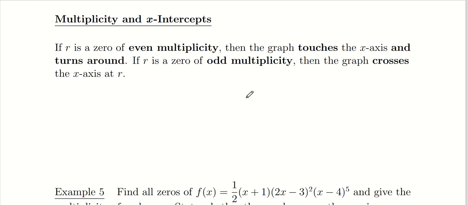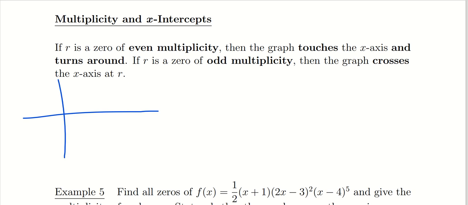One of the implications, and something that's going to be very important, as the multiplicity of an intercept pertains to the graph, is that the multiplicity will determine what happens when the graph of a polynomial function crosses the x-axis.